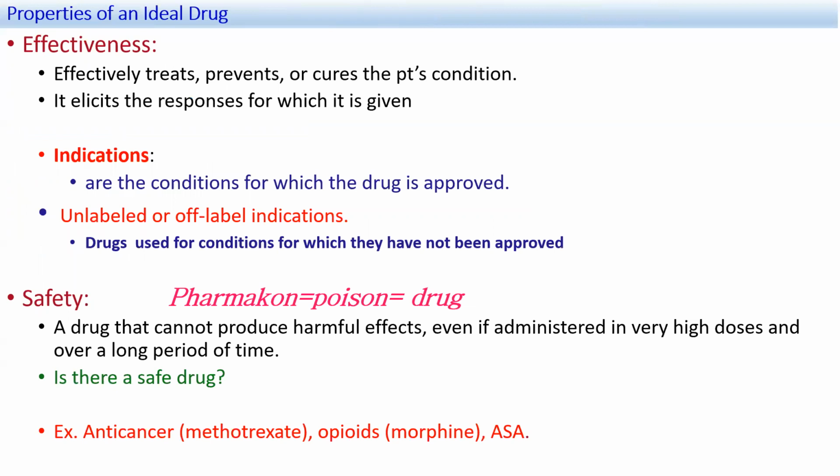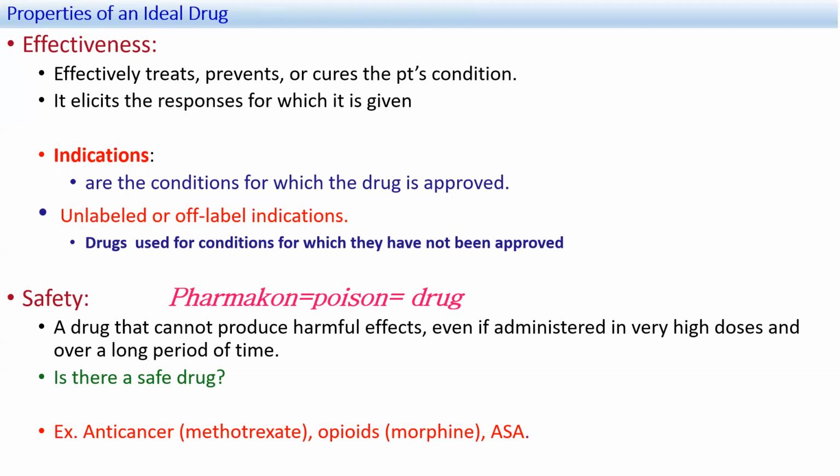Now, effectiveness. It's a mechanism that we apply in pharmacology to test the drug's ability to prevent, cure, or treat the disease. So it effectively treats, prevents, or cures the patient's condition.